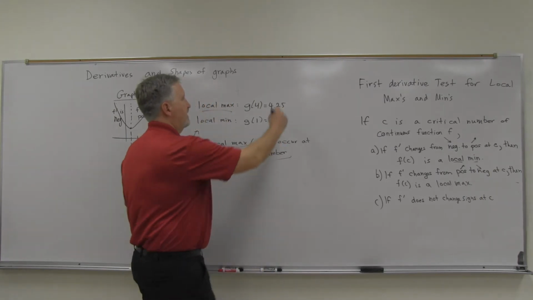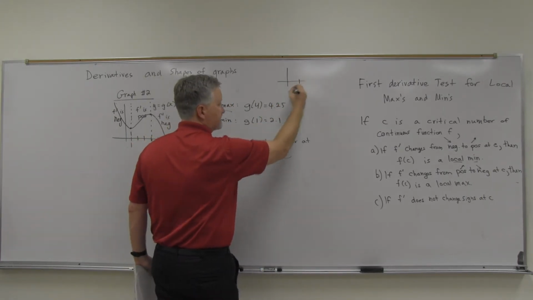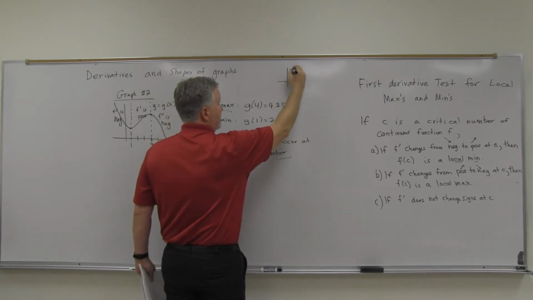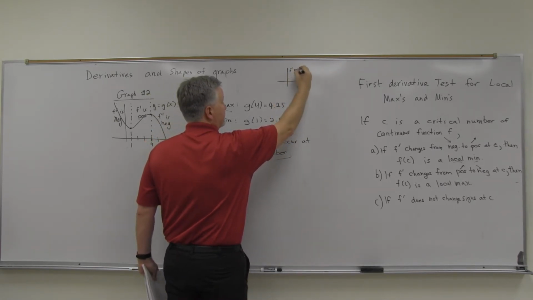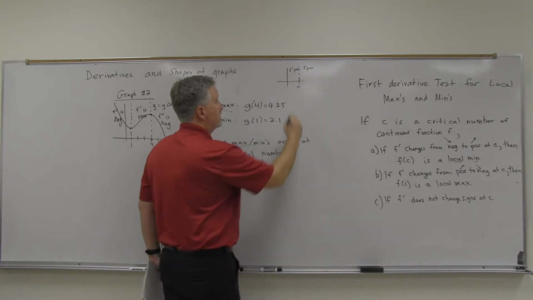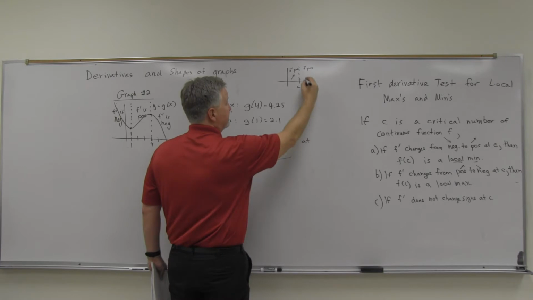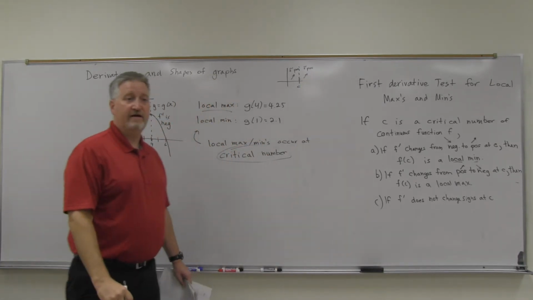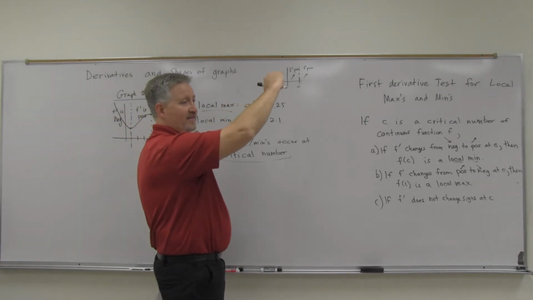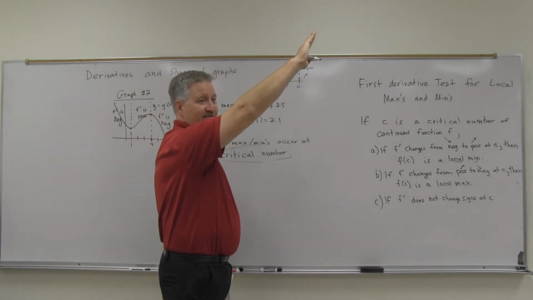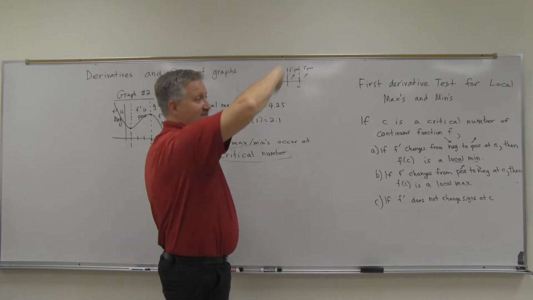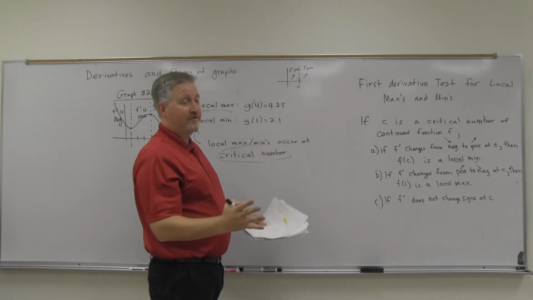Here's a hypothetical, so here's my C. I'm just making this up. Let's say f prime on this side is positive, and f prime is positive on this side. So it's increasing, and then it's increasing on that side. What do you think that means? Well, if it's increasing and then it keeps on increasing after, you don't have a max, do you? You don't have a min, because it just keeps going up.